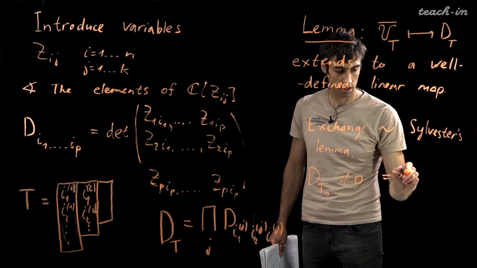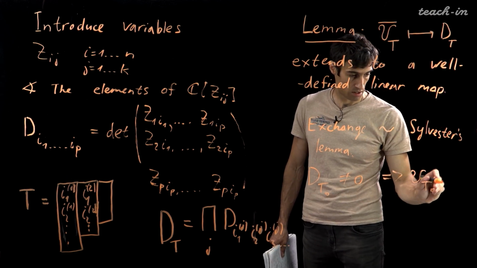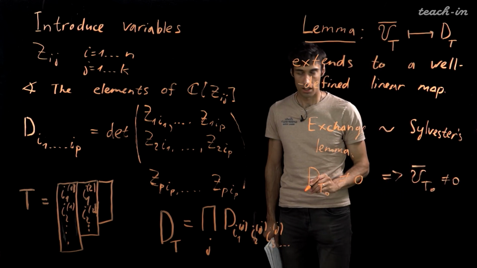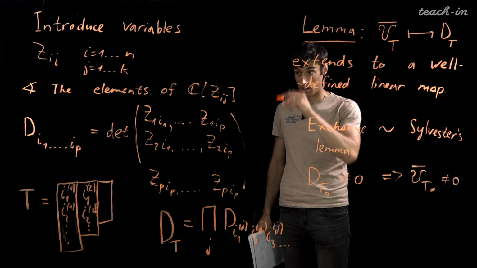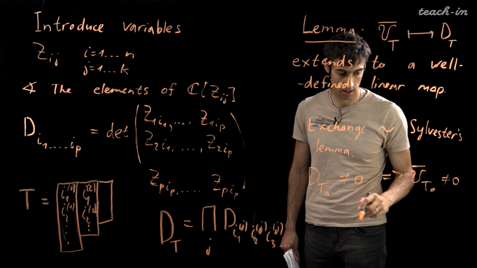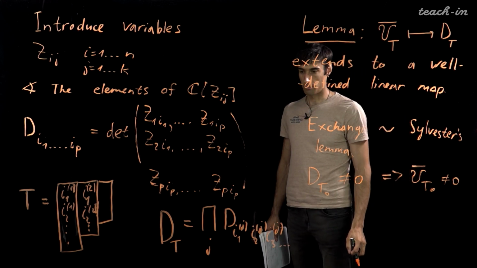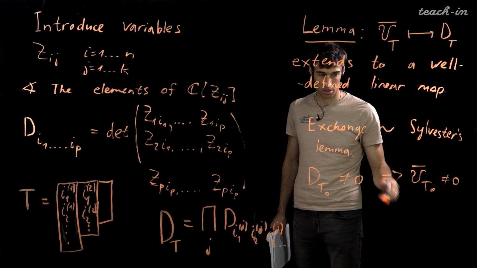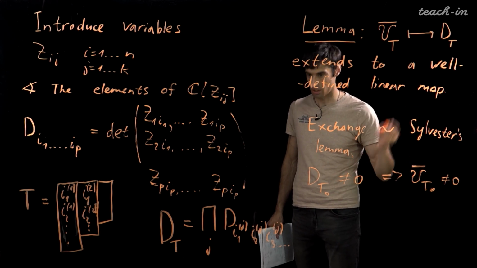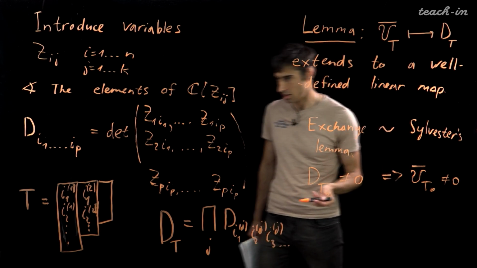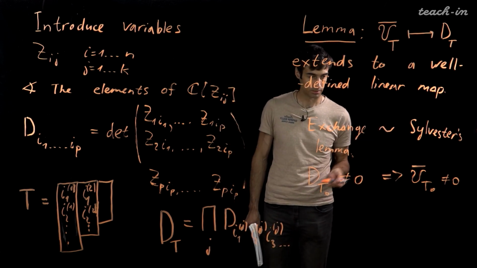So therefore, V_t0 bar is not 0. This construction proves that V_t0 is actually a singular vector. It's not the 0 vector. We didn't kill it by adding the relations of R lambda.